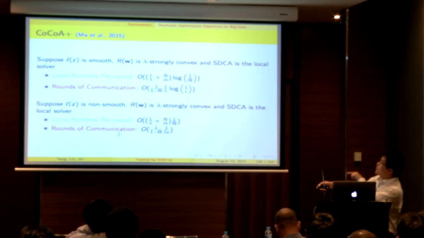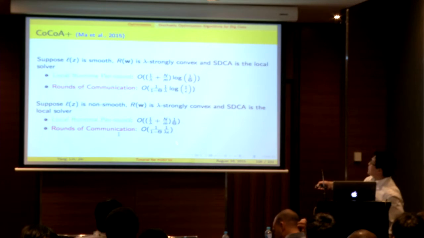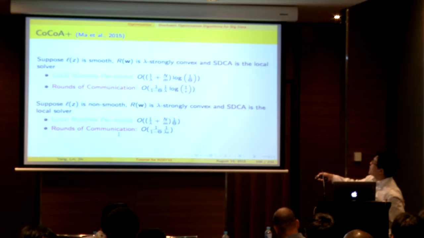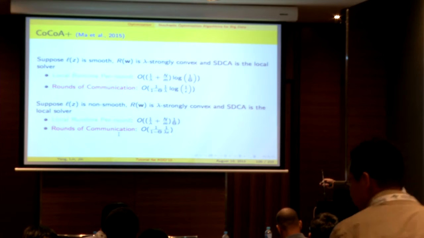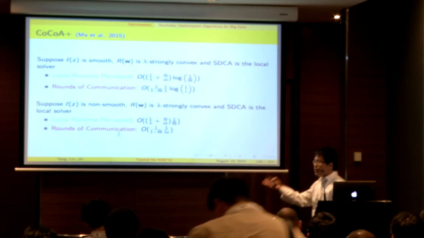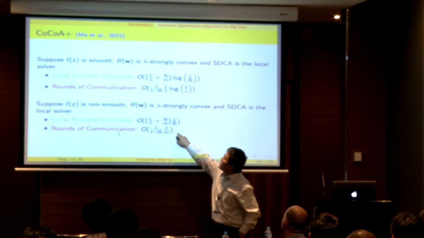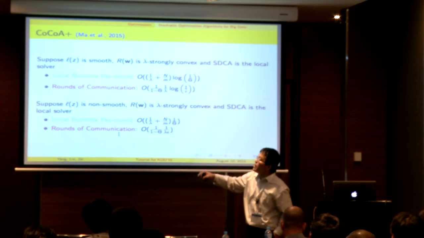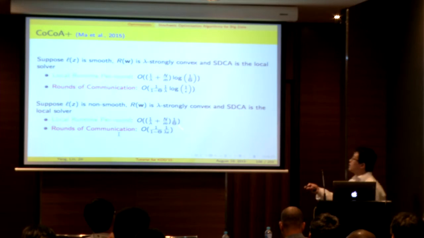If the loss function is non-smooth, like SVM, you can see the dependency is a little bit different. This term becomes 1 over theta. The local runtime depends on theta in this way, and the rounds of communication become 1 over epsilon. So we go from the linear convergence rate to sublinear, unfortunately. But the dependency on theta and the trade-off between the local runtime and the rounds of communication still stay the same, right?